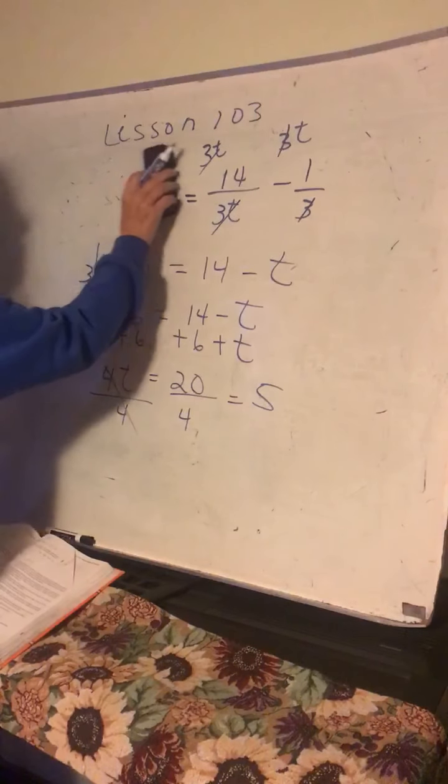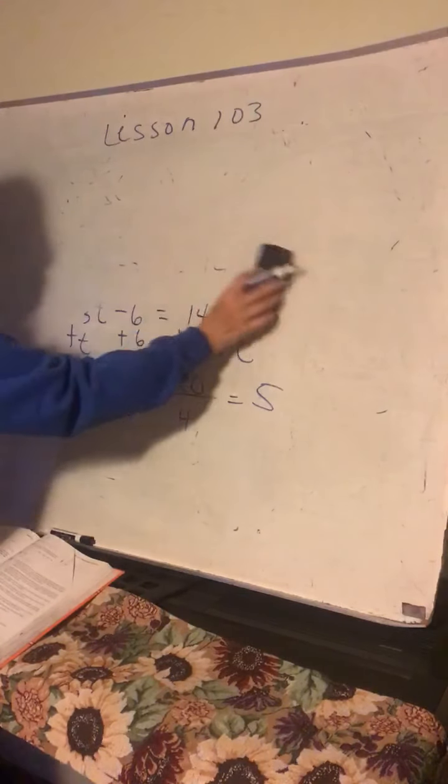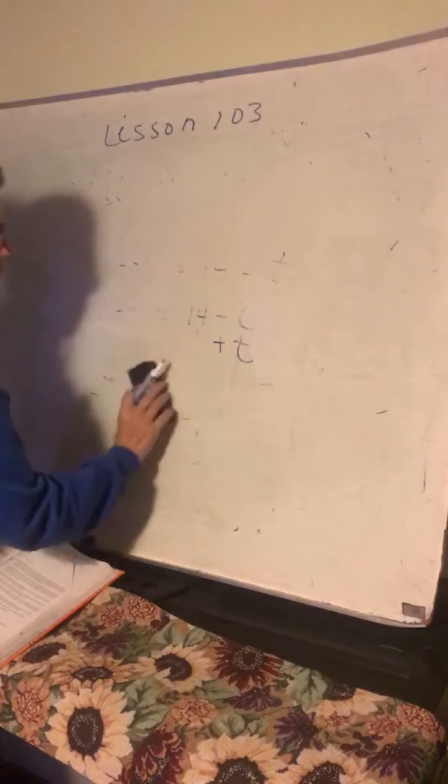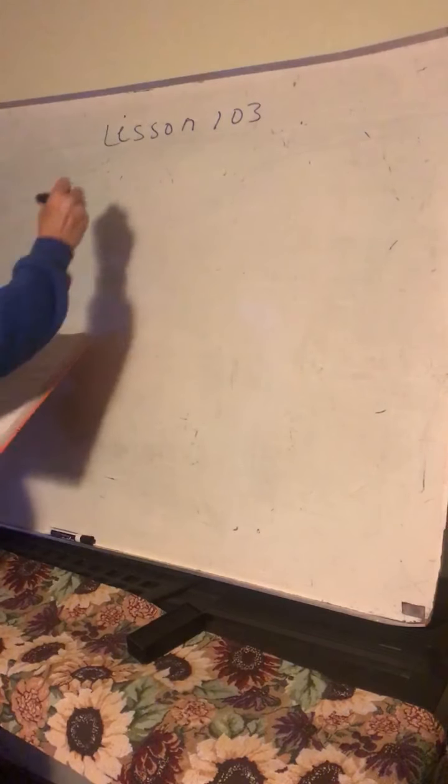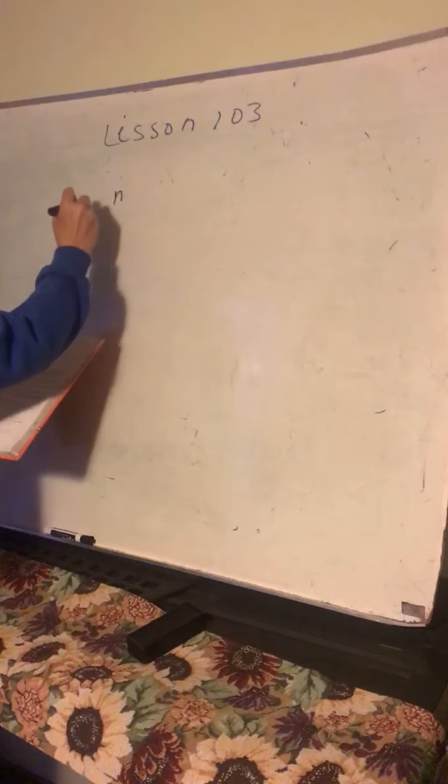Okay, now we're going to do another one. I'm going to do several of these. These are kind of tricky. This one is n over n plus 2 minus 3/5 equals 0.